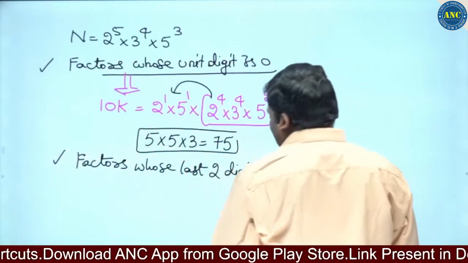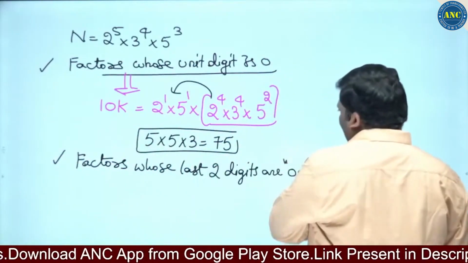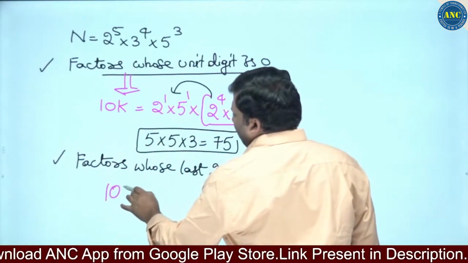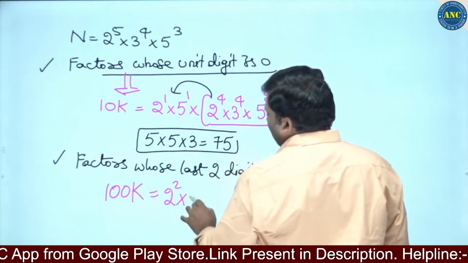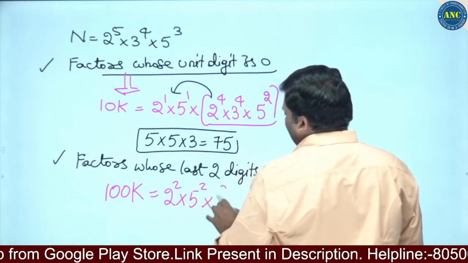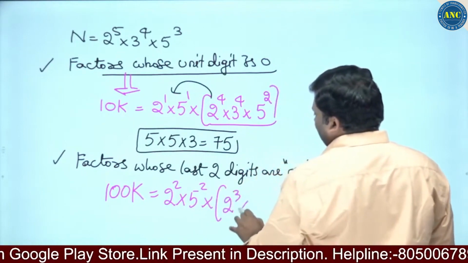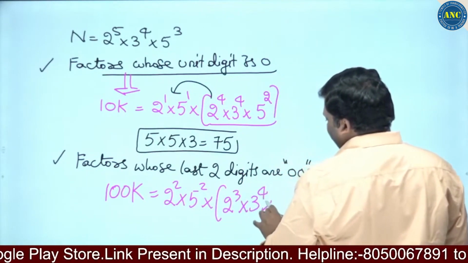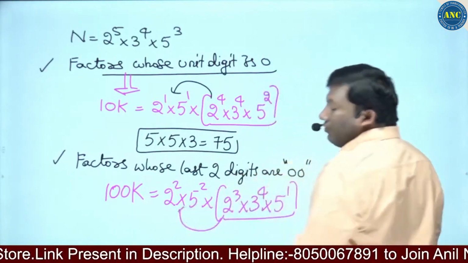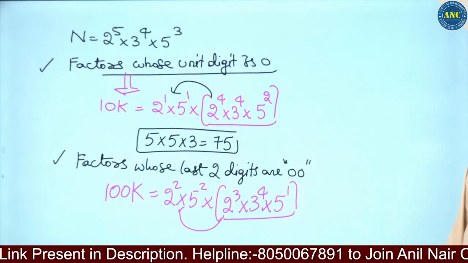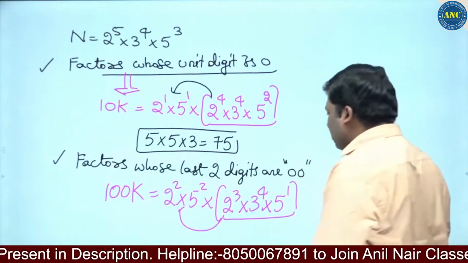All these numbers are multiples of 100. So it is 100k. 100 is 2 square into 5 square. Remaining it is 2 cube, 3 power 4, 5 power 1. These are the numbers which get multiplied by 100, and therefore the last two digits are zeros.